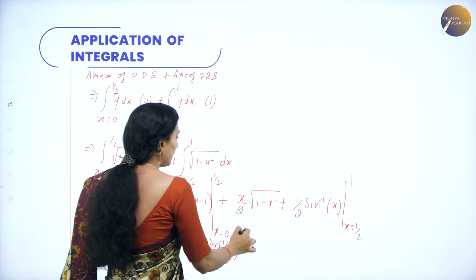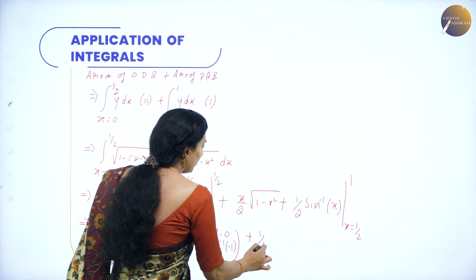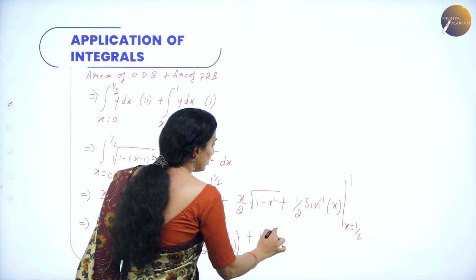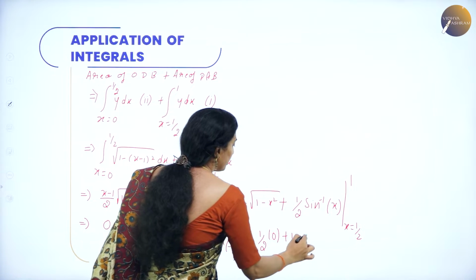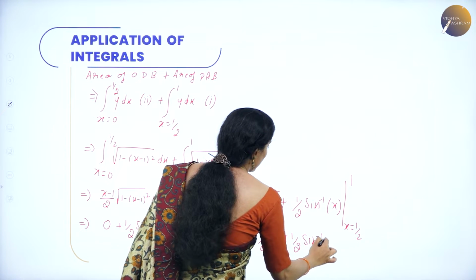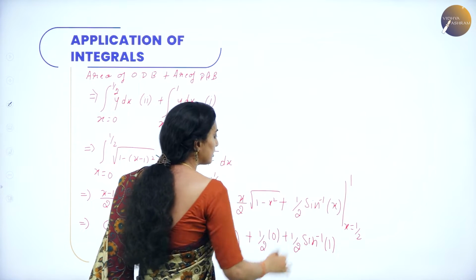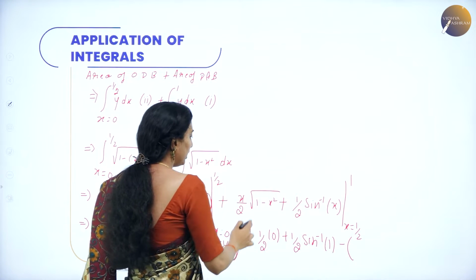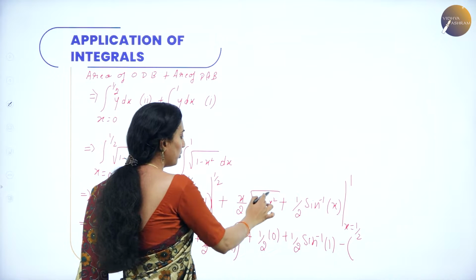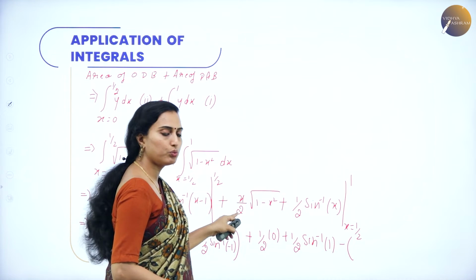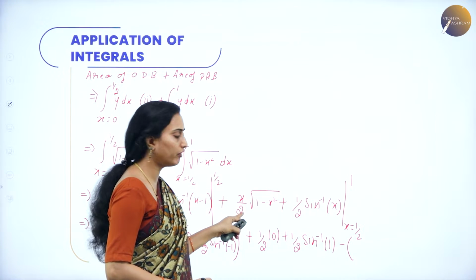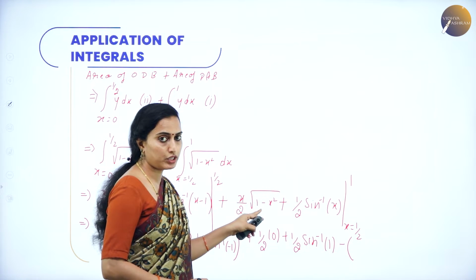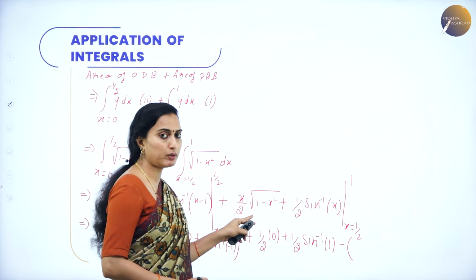Now applying the upper limit, plus 1 by 2 into under the root of 1 minus 1, which will become 0. So plus 1 by 2 into sine inverse of 1, because x is equal to 1, again minus, open the bracket, applying the lower limit, 1 minus 1 by 2 whole squared. Here again 1 by 2, 1 by 2 into 2 is nothing but 1 by 4. 1 minus 1 by 2 whole squared, 1 by 2 whole squared is 1 by 4.